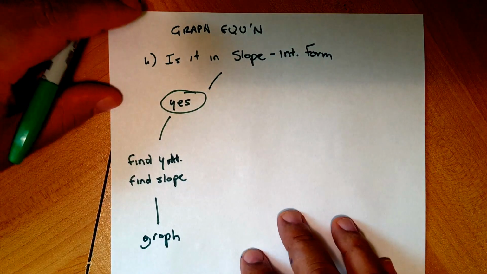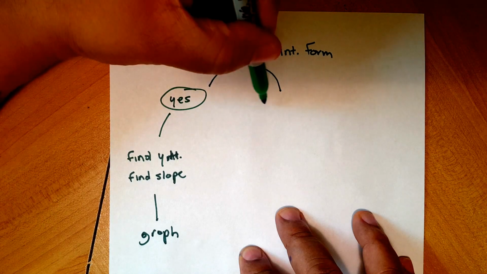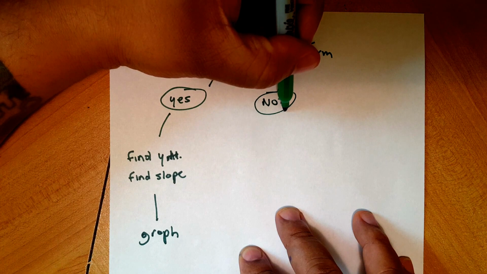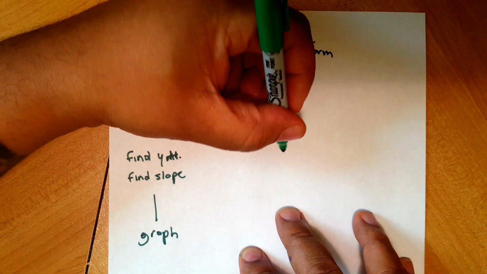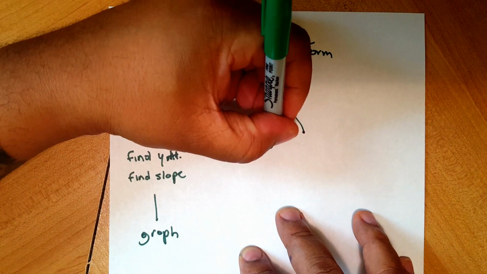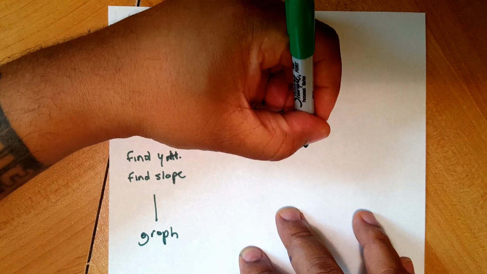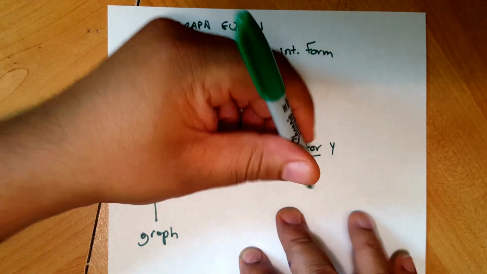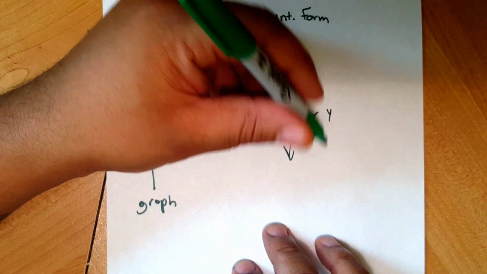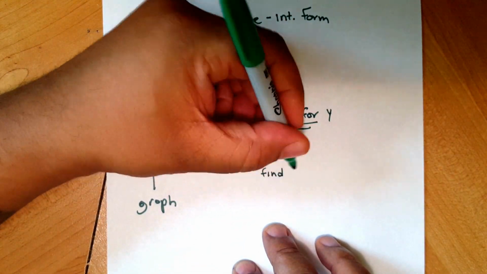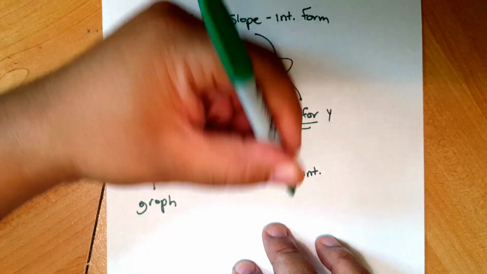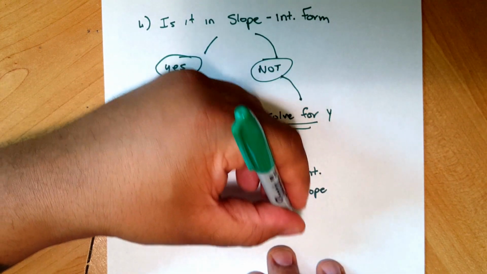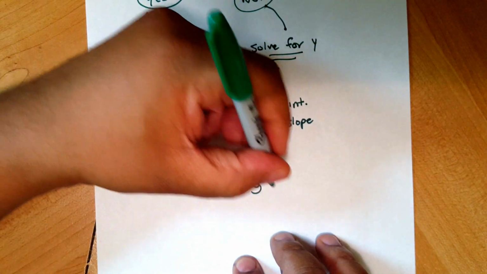Okay? If it's not, then what I have to do is a little bit more involved. I have to what we call solve for y. Then I can find my y-intercept, find my slope, and then graph it.